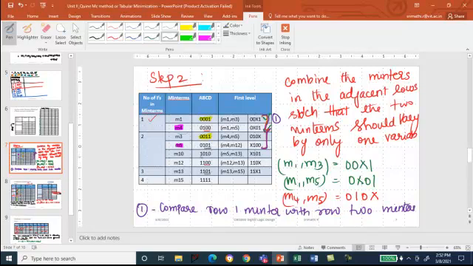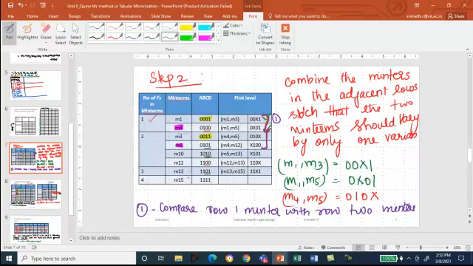Next take M10. M10 should be compared with M13. This is right, but this is changing, because these two bits are changing. This is 0, 1, 0 and this is 1, 0, 1. I cannot club this M10 with M13.